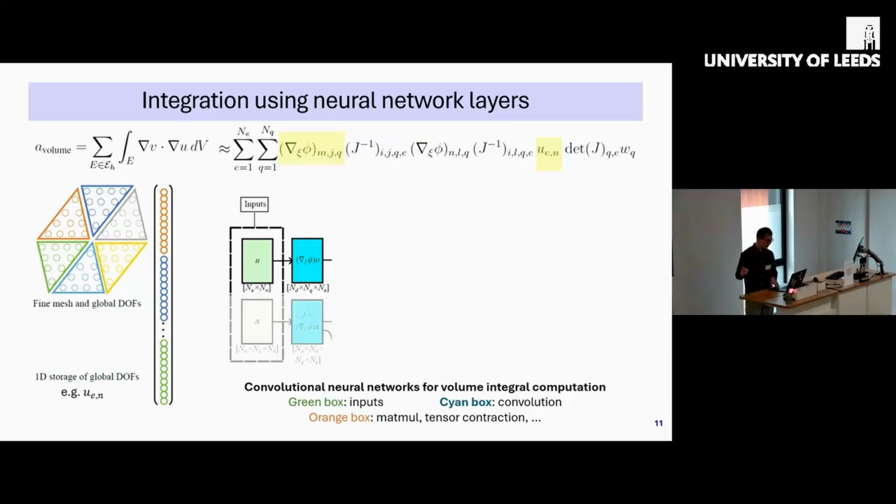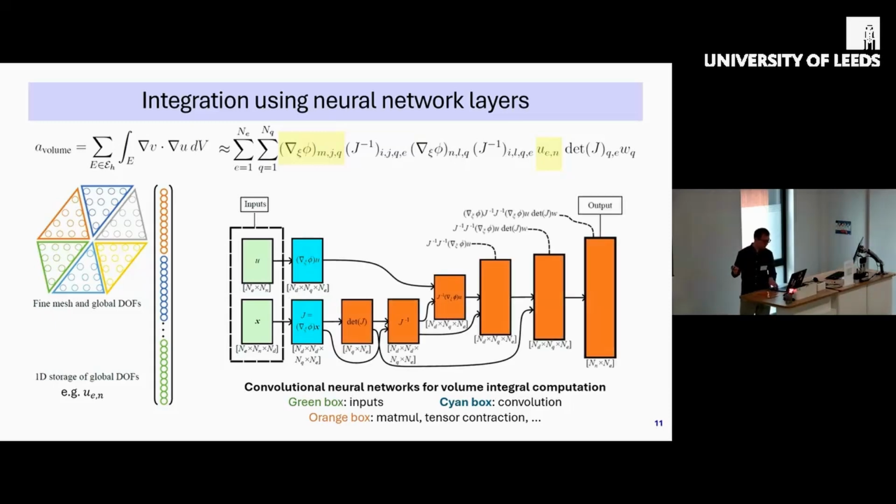And similarly, you can compute your Jacobian with the multiplication of your shape function with the coordinates of your nodes. And after that, you want to multiply these results together. For those, you can use other mathematical multiplication or tensor contraction operations provided by PyTorch.